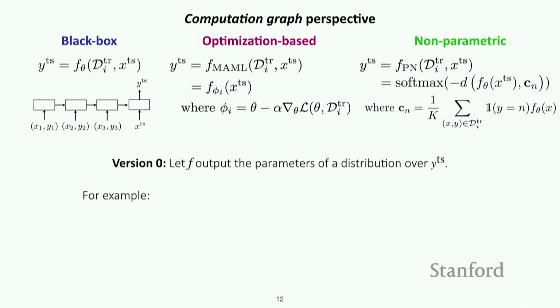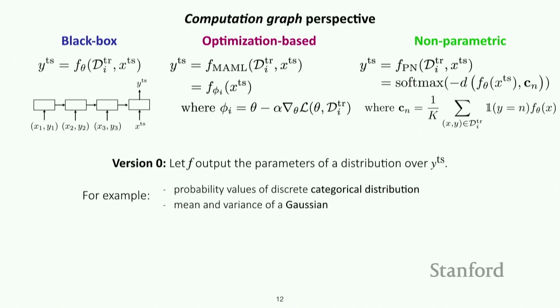For example, you could have any of these functions f, from the computational graph perspective, output something that corresponds to the probability of a discrete categorical distribution if your label y is discrete, or if you can make it discrete. You could also output the mean and variance of a Gaussian distribution to represent a Gaussian distribution over your labels.